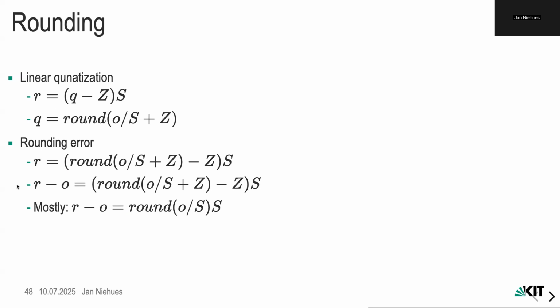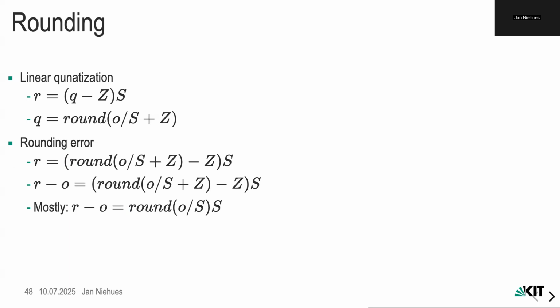If you do that, the rounding error is the difference between the original and the rounded number you get back. So mainly, this is your rounding error.